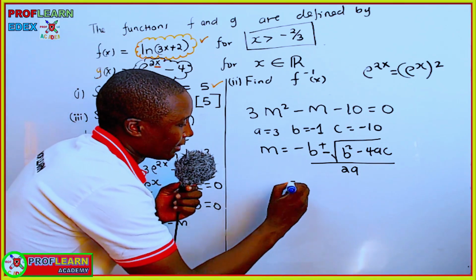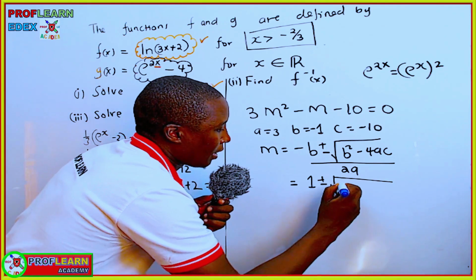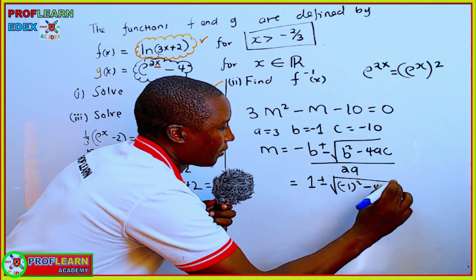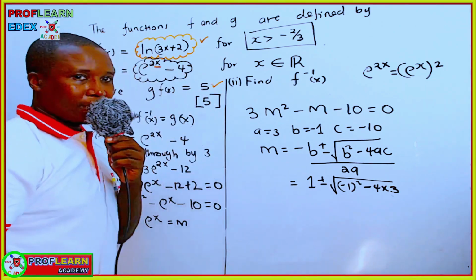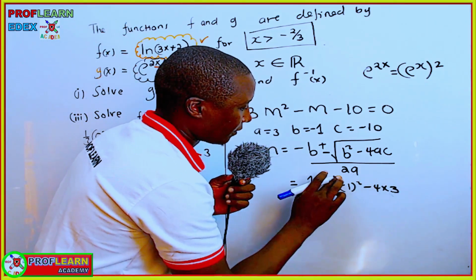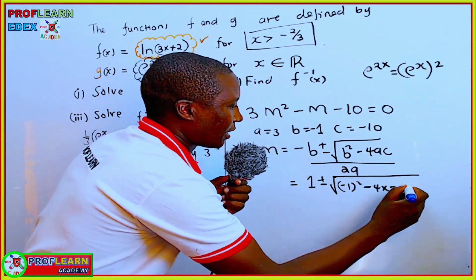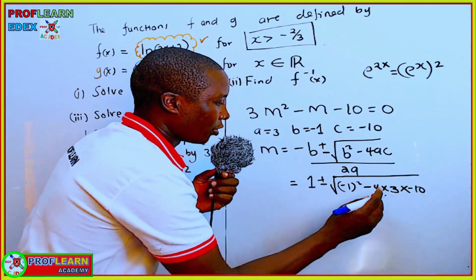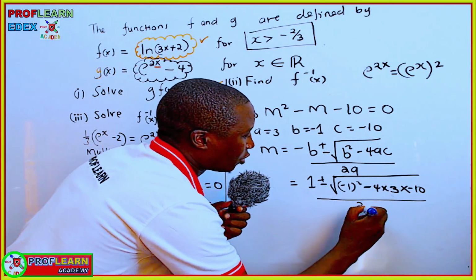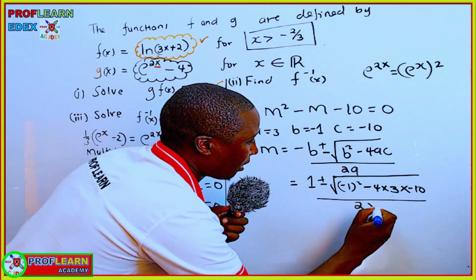So this is going to be 1 plus or minus the square root of -1 squared minus 4 times a, which is 3, and c, which is -10. So you see the negative becomes a positive, and then we have 2 times 3 on the bottom because our a is 3.